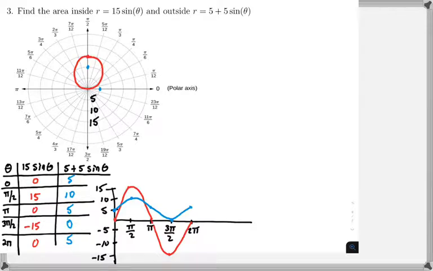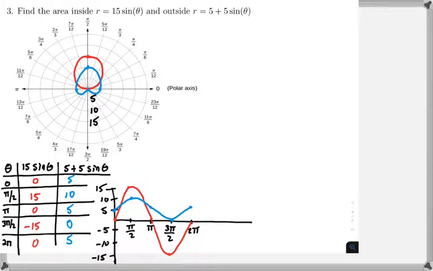And then we're going to go to pi and 5. And then at 3 pi over 2, we'll have the point 0 and 3 pi over 2. So we'll have a little bit of a dimple there. Mine looks kind of like an upside down heart, I suppose, the blue graph there.